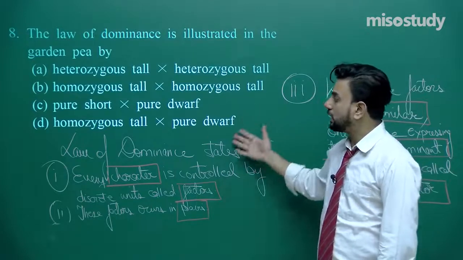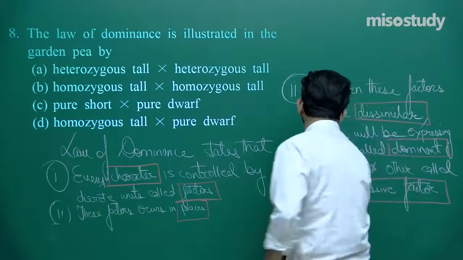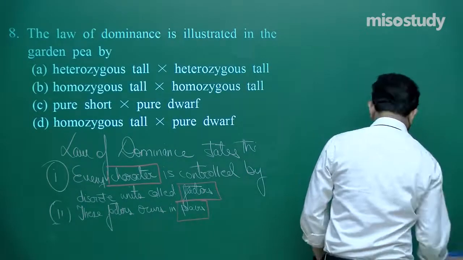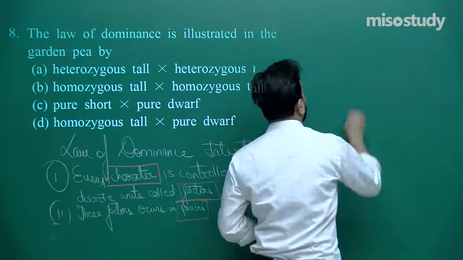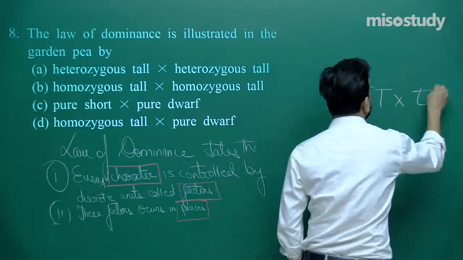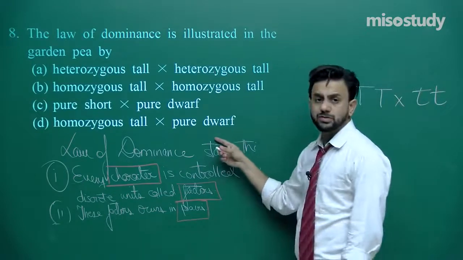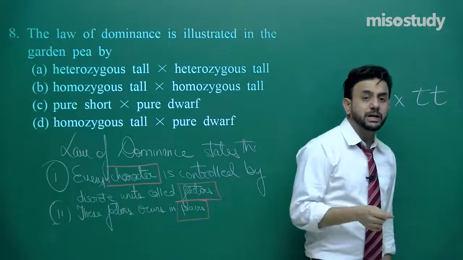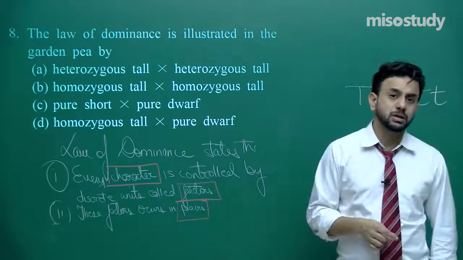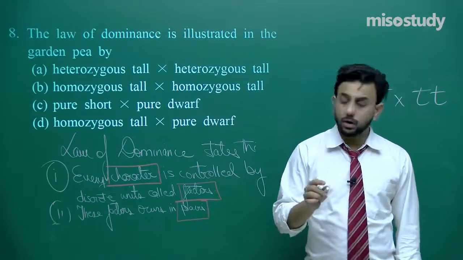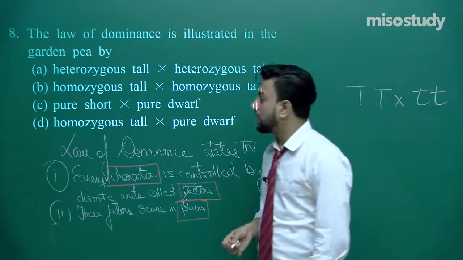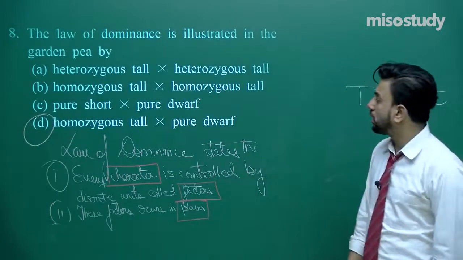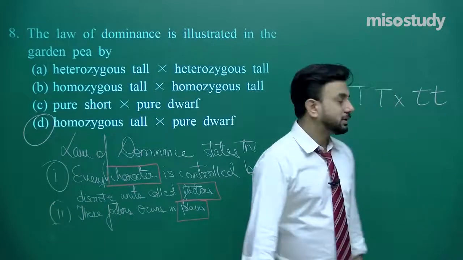So what was done? A homozygous tall condition was crossed with a homozygous, pure dwarf condition, and then further crosses were made, as we did in the last question, right? The law of dominance. So the answer would be D, that is, homozygous tall into pure dwarf.